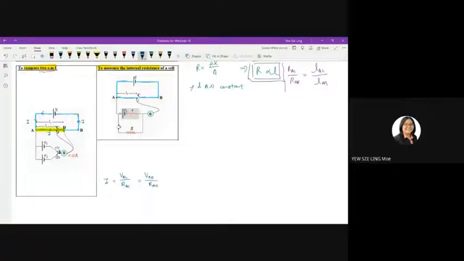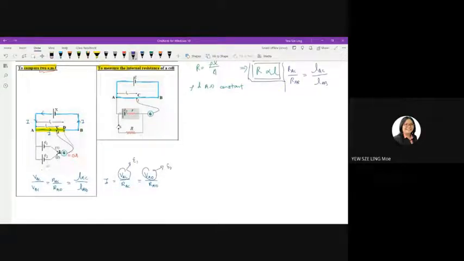So if you want to compare the two EMFs, rearranging the equations, you will see that VAC over VAD is equal to RAC over RAD, and it is also equal to LAC over LAD, where your VAC is equal to your EMF1 and your VAD is equal to your EMF2, your unknown EMF.